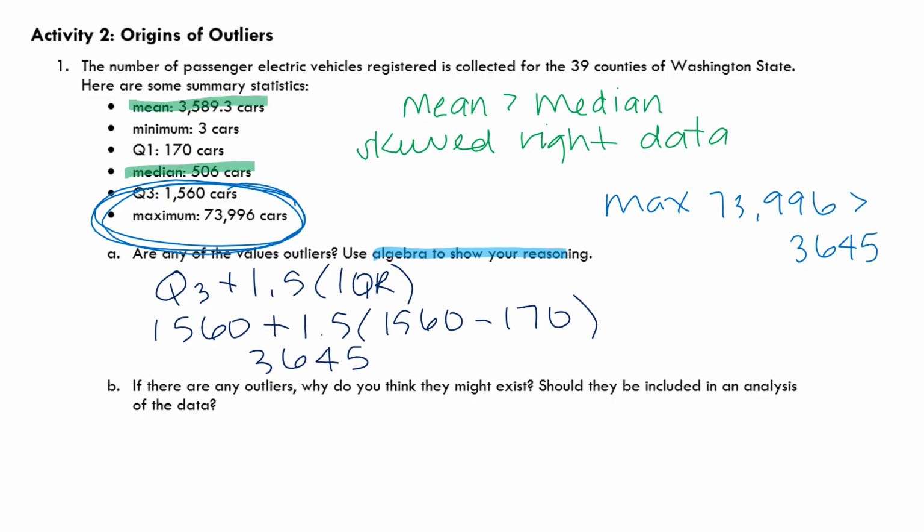Because I have values in my data set that are larger than the number I just found for calculating my outliers, that would tell me that yes, I do have outliers in this data set. I don't know how many outliers there are because I'm not given any of the other numbers. However, I do know there's at least one with the maximum. And since the maximum and the 3,645 are so far apart from each other, I can assume there's probably a few more.